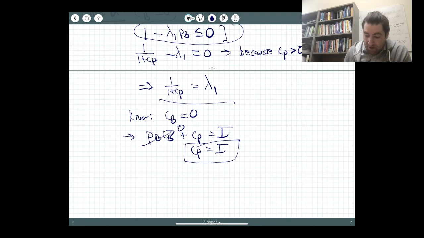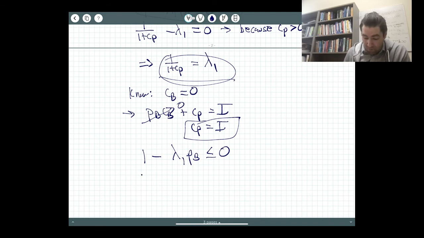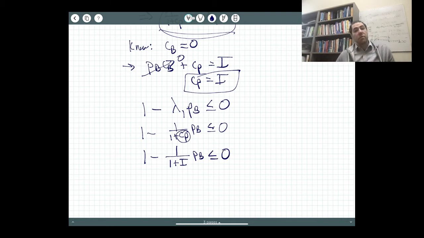Well, I can take lambda 1 here and put it into this. And so I can say 1 minus 1 over 1 plus CP times PB is less than or equal to 0. But I know in this case that CP is I. So I have 1 minus 1 over 1 plus I times PB less than or equal to 0.